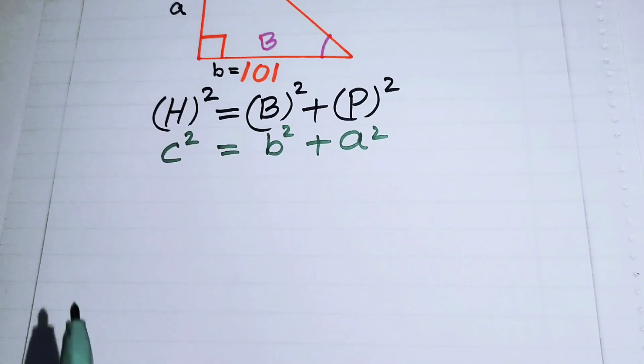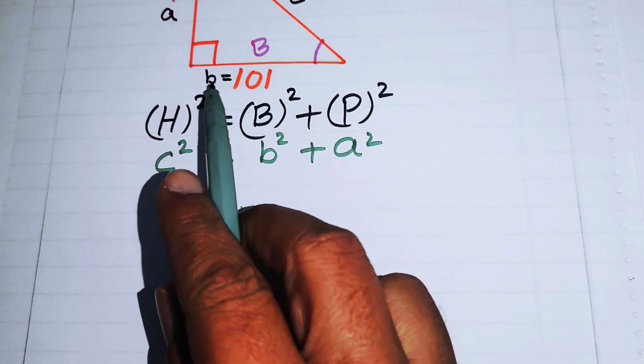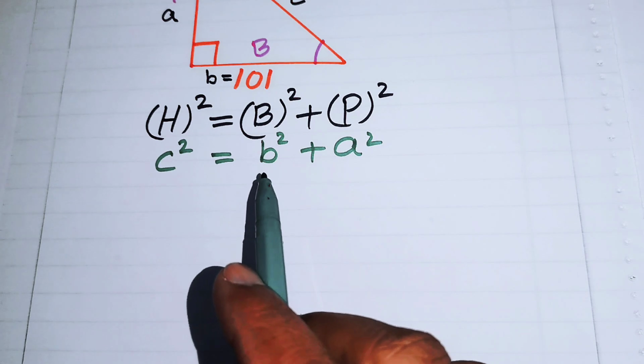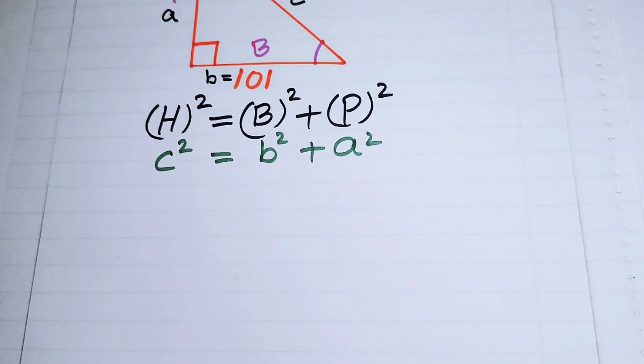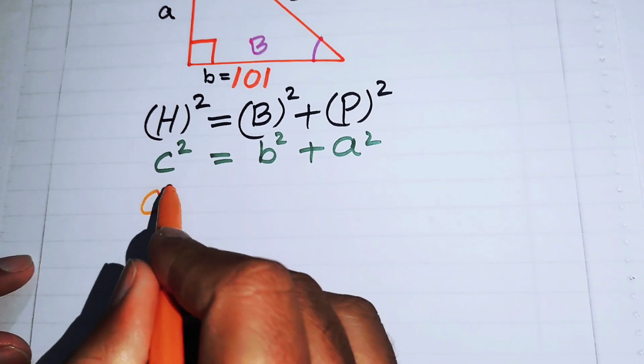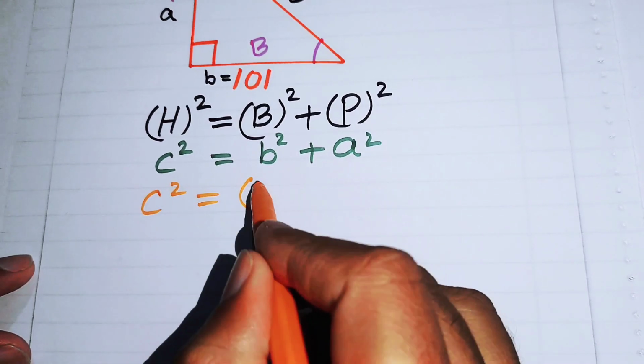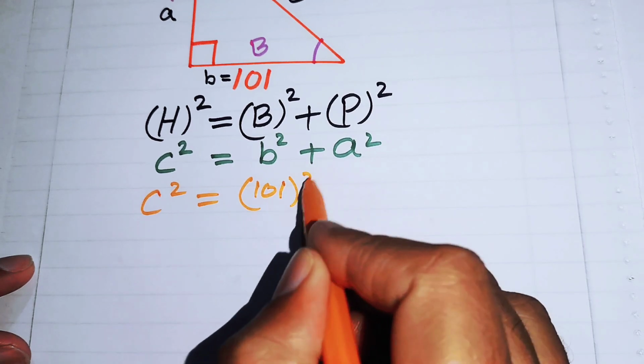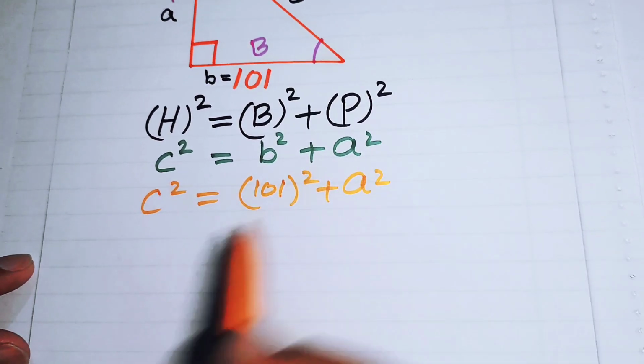Now we can put in the value of the base, which is 101. When you put the value of the base here, you get c squared equals 101 squared plus a squared.